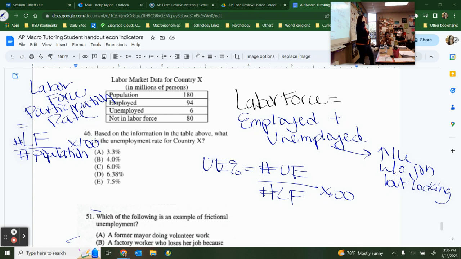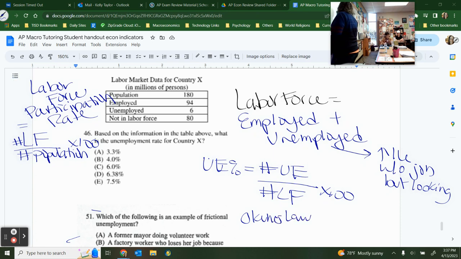For every 1% that unemployment rises above the natural rate, GDP goes down by 2%, and vice versa. So there is a 1 to 2% ratio between unemployment and GDP. Okay, so unemployment goes up 1%, GDP goes down 2%.